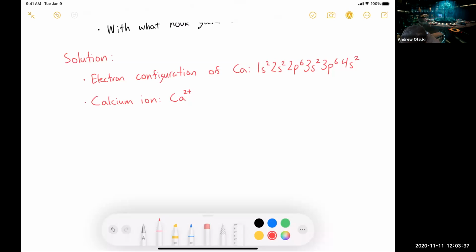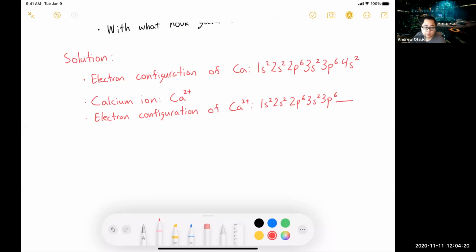So the electron configuration of Ca2+ is 1s2, 2s2, 2p6, and now 3s2, 3p6. So see here that we have removed the 4s2, so they're now taken away.